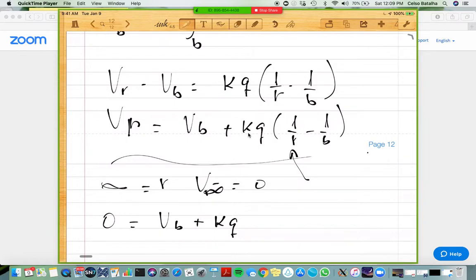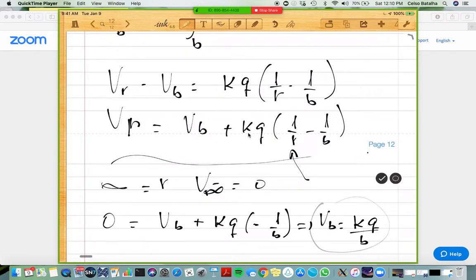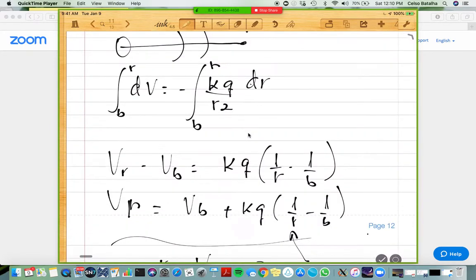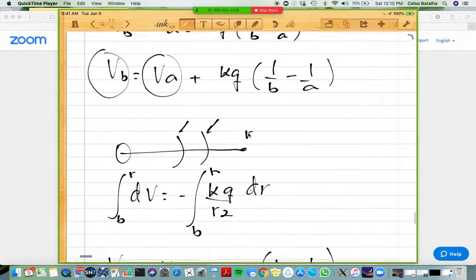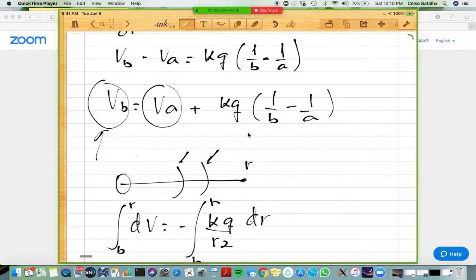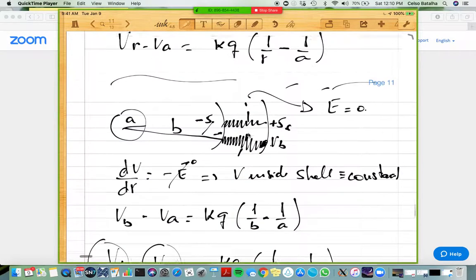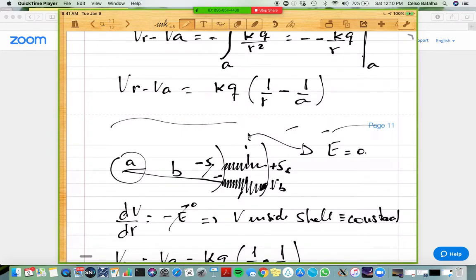So this becomes 0, negative 1 over B. Therefore, VB is equal to kQ over B. So we found VB, right? So we have VB, which is here, which is the same there. We plug it in here, then we find our VA, and then we find the voltage inside the sphere. So let me know if this makes sense to you.